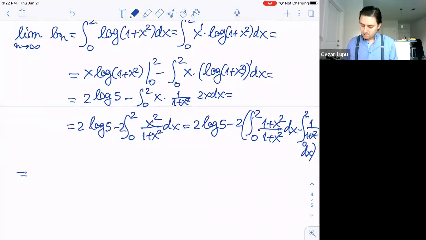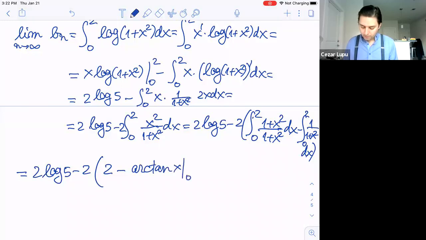So this is 2 log 5 minus 2 times, this guy is 1, so 1 is 2, minus arctangent of x from 0 to 2.